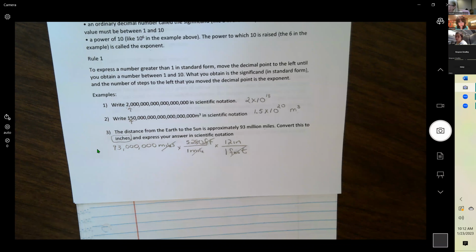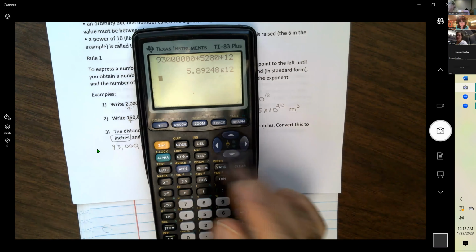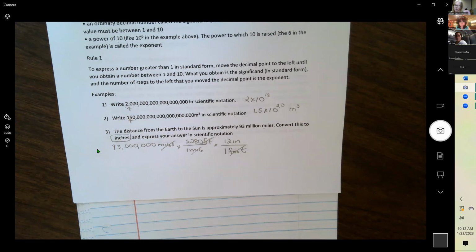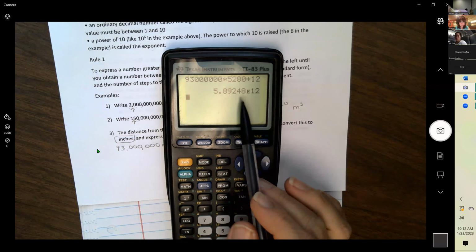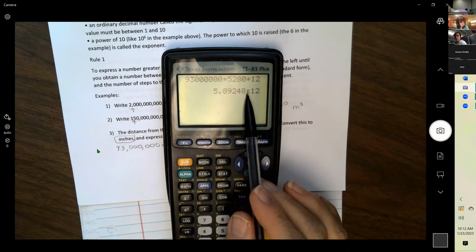now the good thing is if you're multiplying with your calculator, it's probably going to put in scientific notation for you. So let me make sure I put enough zeros. 1, 2, 3, 4, 6. Okay. And so when you multiply them, this is giving you the scientific notation. This E is just 10.